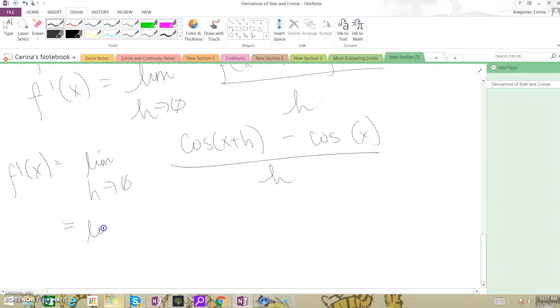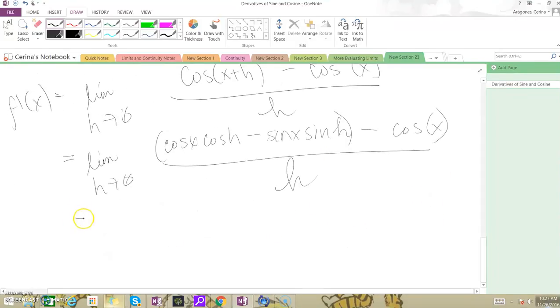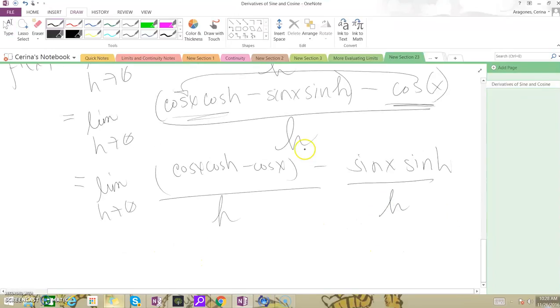We use the sum difference formula. We know that cosine of x plus h is actually cosine x cosine h minus sine x sine h, minus cosine x, all over h. We then put this together with this term because they both have a cosine x. So that's the limit as h approaches 0 of cosine x cosine h minus cosine x minus sine x sine h, and we can split them up because they have a common denominator.